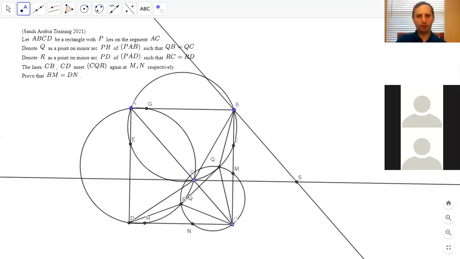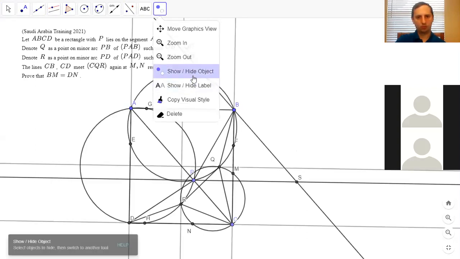Okay, so we want to show BN is equal to DN, but we know that CS is equal to DP, and AP is equal to BS. Maybe it's better, what if we reflect S across the perpendicular bisector of BC?